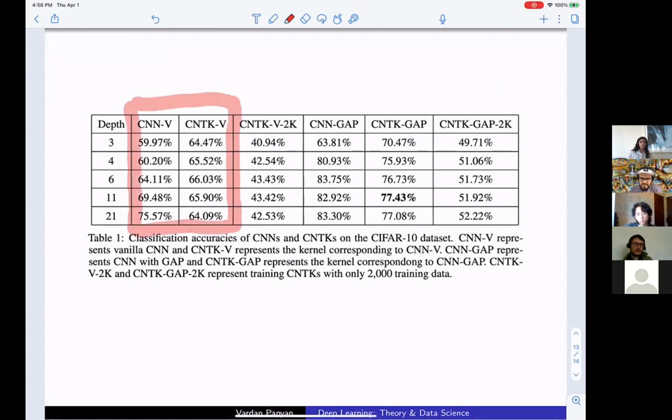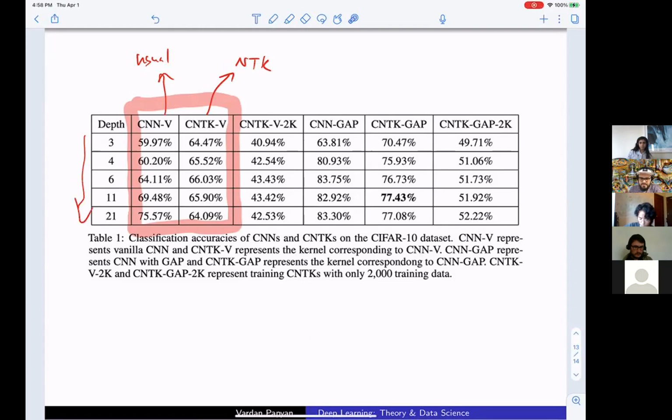CNN is just a regular convolutional neural network. CNTK is the convolutional neural tangent kernel. So basically, this is what we're talking about just now, the usual network versus the usual NTK. They were interested in how much of a difference in performance there is once you increase the number of layers.